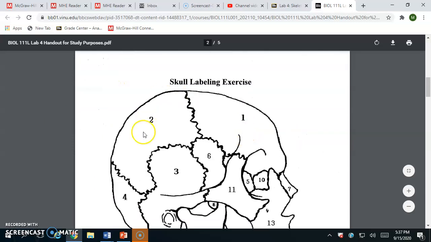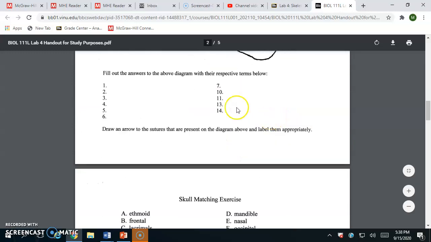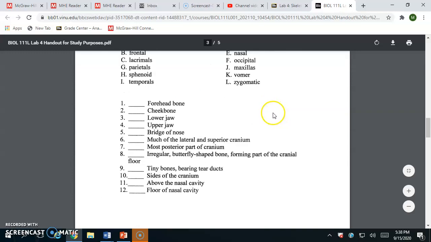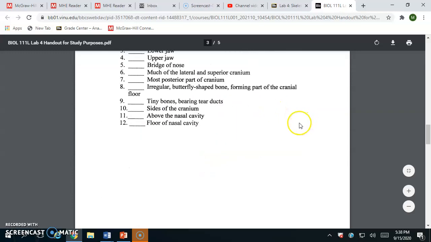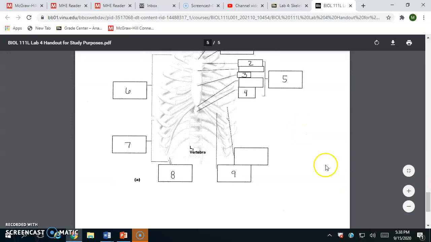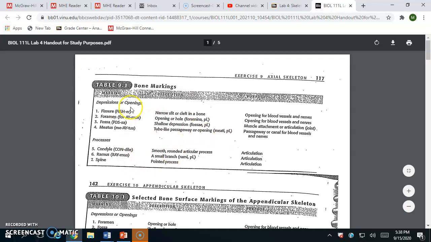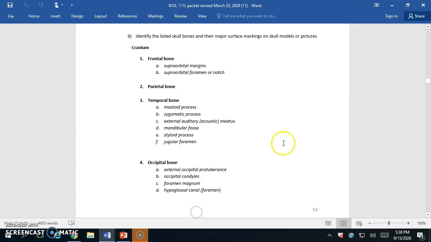This also has some handouts, if it's helpful, to help you with identifying the bones that you're going to learn about in this lab. So if that's helpful, you can use that too. All right, so that is a little tip on how to proceed through this lab a little bit easier.